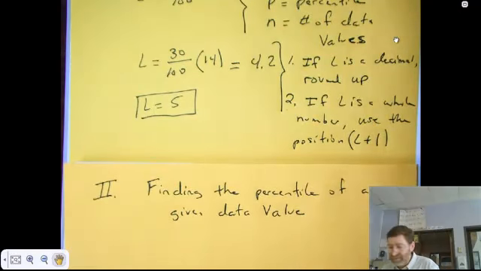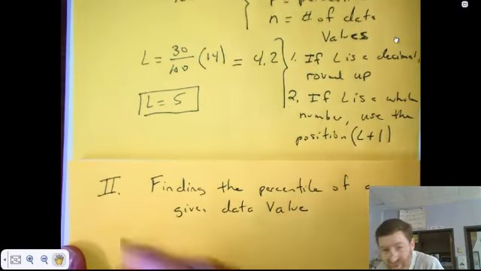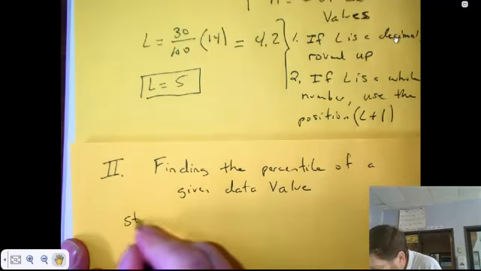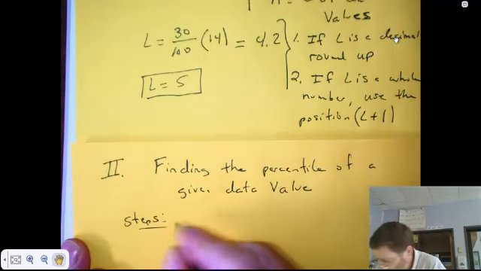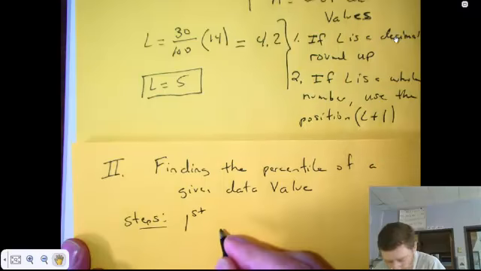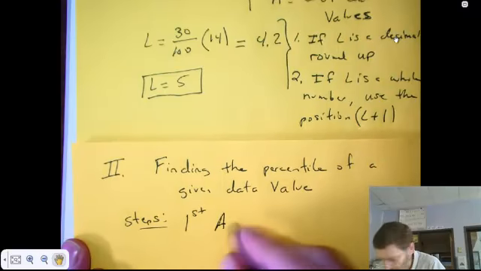Now, if I give a given data value, what percentile is that? So, here's kind of the formula and the steps to go through this. First, you're going to, again, arrange the data in order.